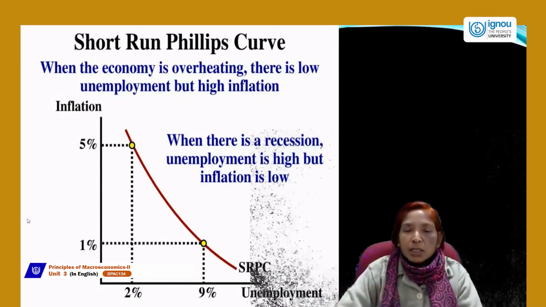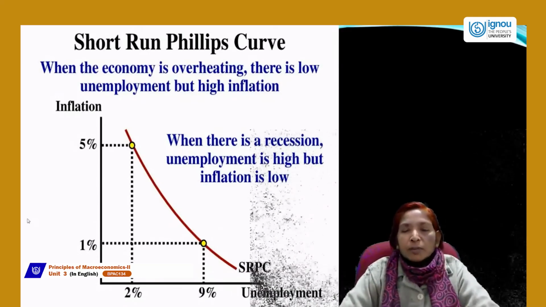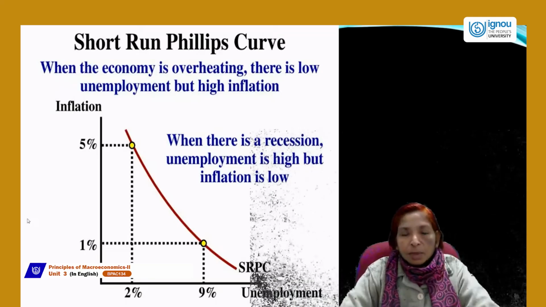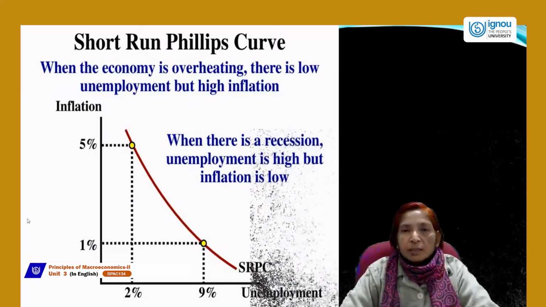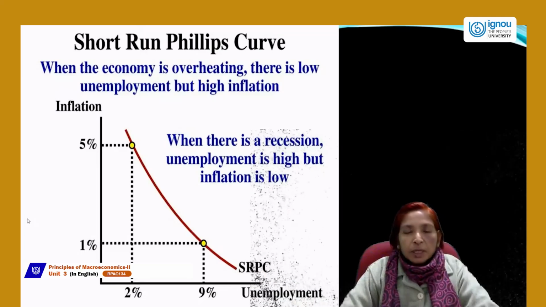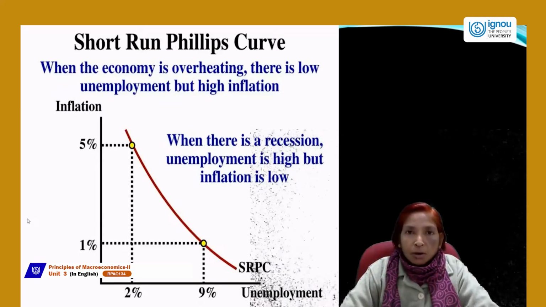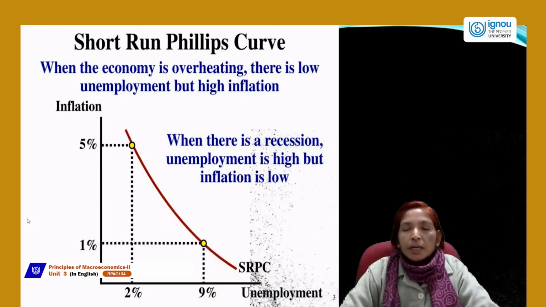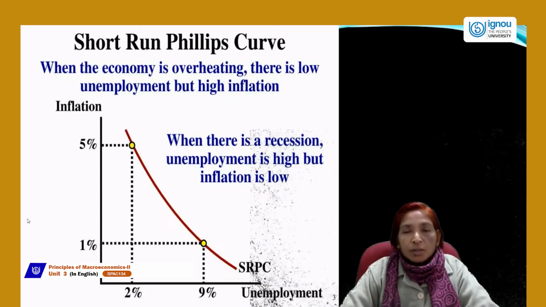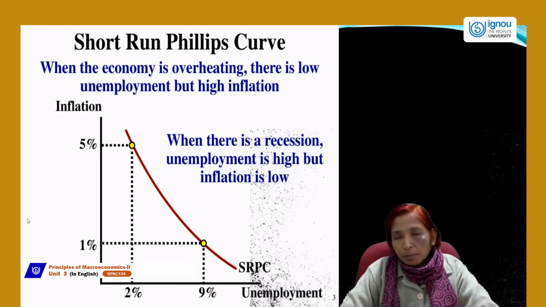When there is a recession, unemployment will be higher, but inflation will be lower. Because at the time of recession, when the price level falls, producers are discouraged and their profit motive falls. They will produce less because their main aim is to earn maximum profit.